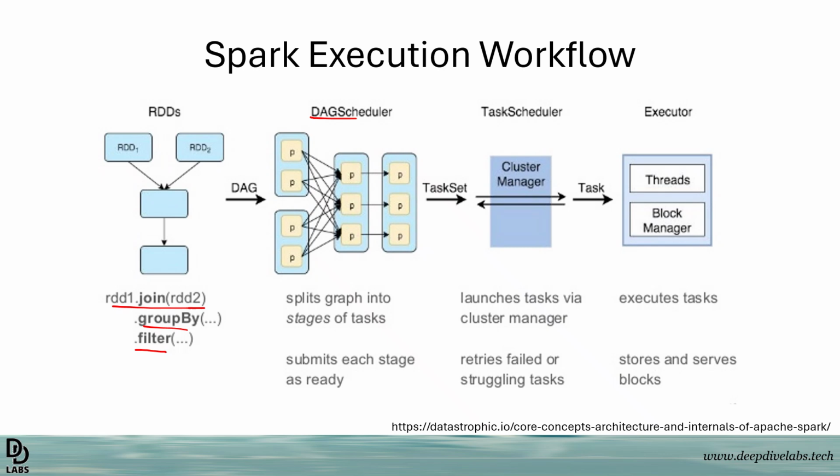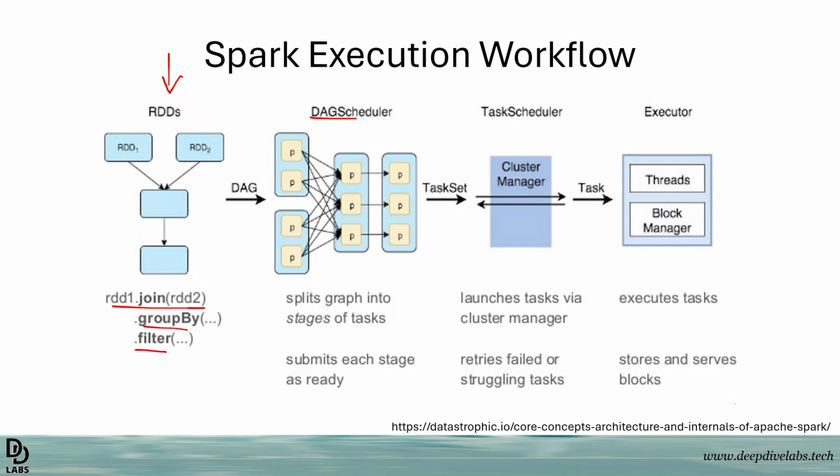Meanwhile, it also creates a small execution unit under each stage referred to as a task. Then it collects all the tasks and sends them to the cluster. So the DAG scheduler, whenever you are writing this piece of code, you are writing how to join your RDDs, do group by or filter.